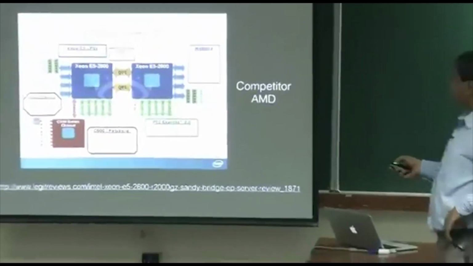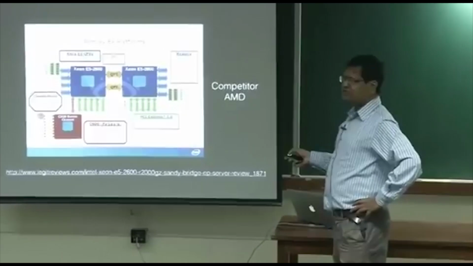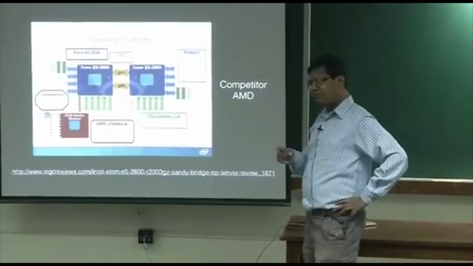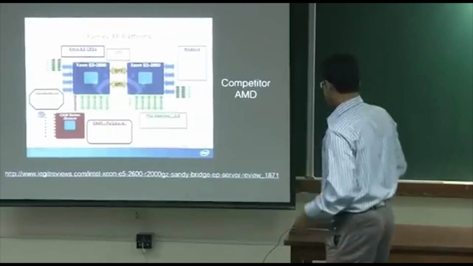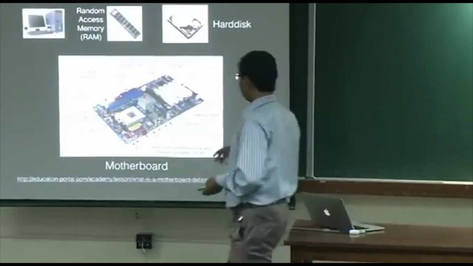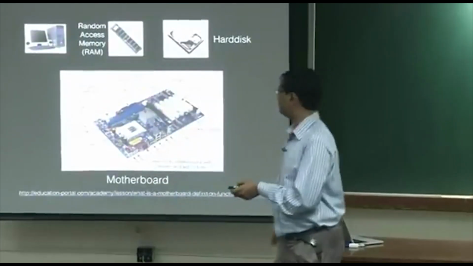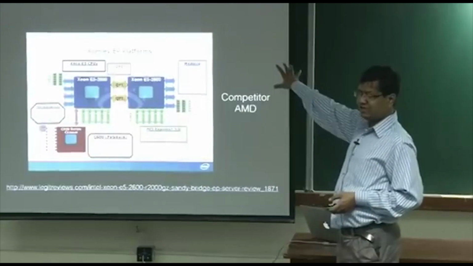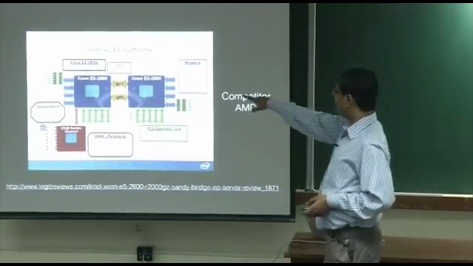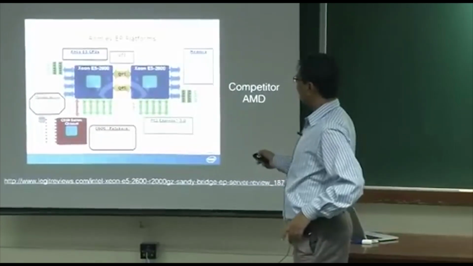So let's look at a little bit more. Nowadays motherboards come with not only a single CPU, but you can place many CPUs. There was one CPU sitting here, but you can have 2 slots, multiple slots. In fact, you can put something like 8 CPUs in modern motherboards. Right now there are 2 CPUs sitting here, and there are connectors to RAM.